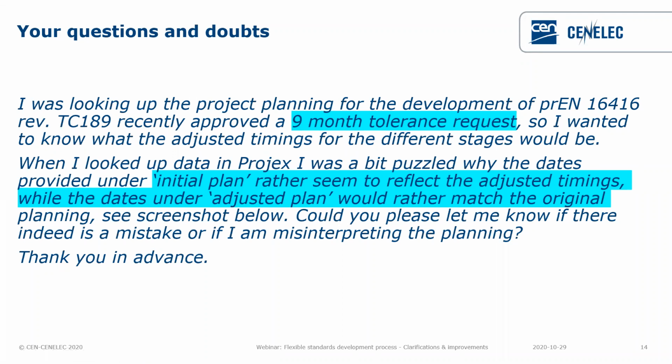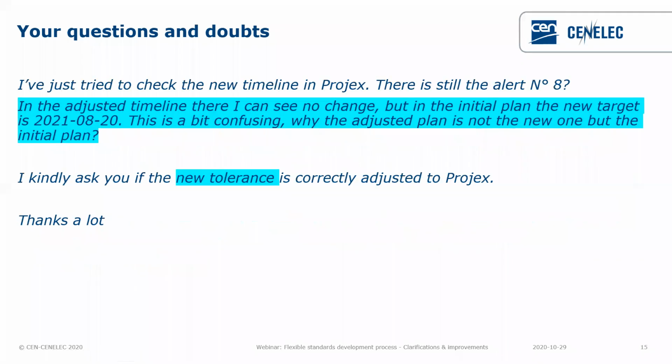I will show you in the next slide. Could you please let me know? And a similar question here: in the adjusted timeline, I can see no change, but in the initial plan, the new target is at 21,820. This is a bit confusing. Why is the adjusted plan not the new one, but the initial plan? I kindly ask if the new tolerance is currently adjusted in projects.